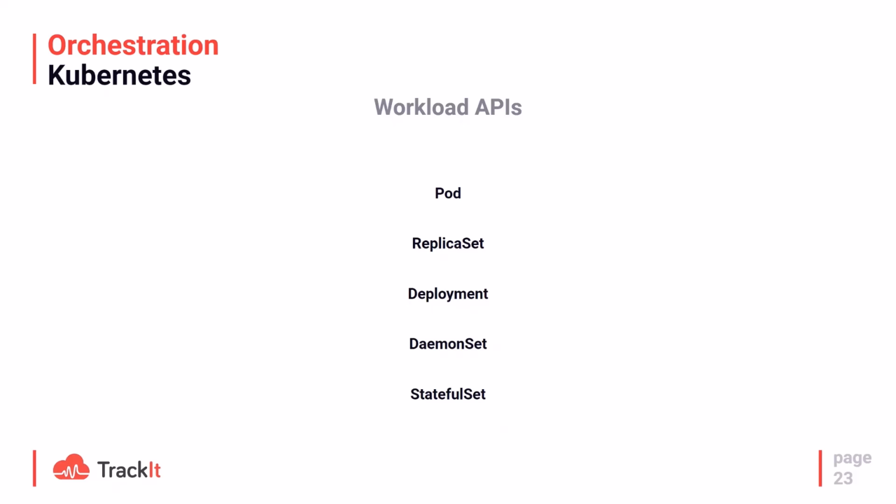Kind of like the replica set, but really designed for stateful applications. So if you have a database, you are most likely going to run it with a stateful set, because it's ordered. So if you are doing a rolling update of the stateful set, it's going to first destroy the old pod and then create the new one. So you won't have two different pods running at the same time.